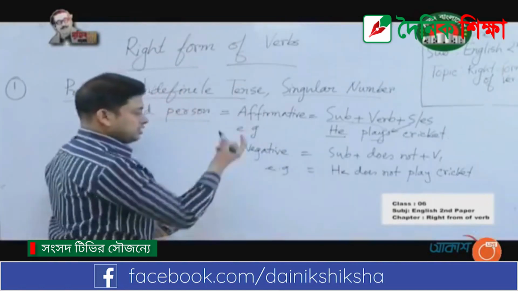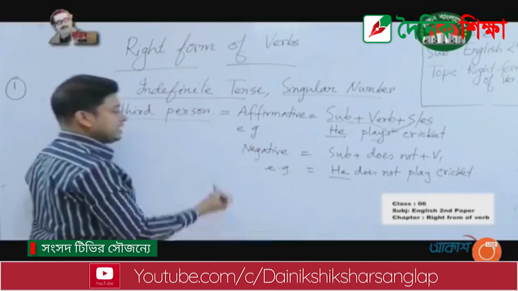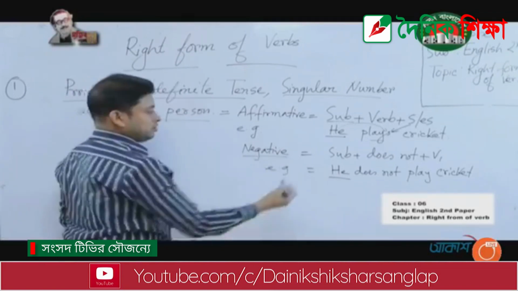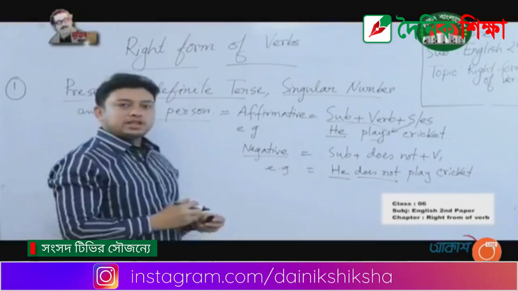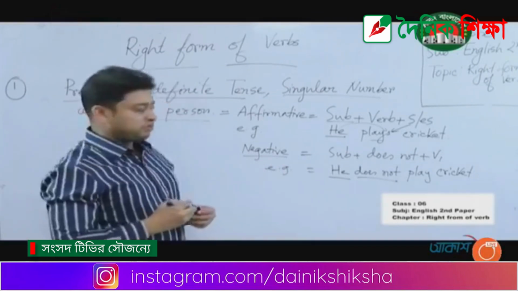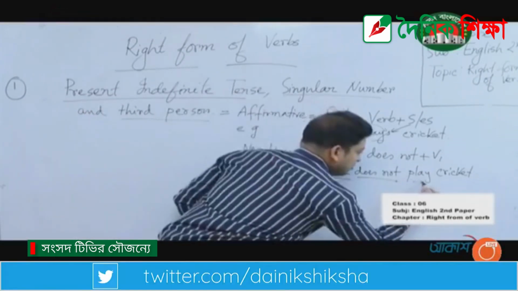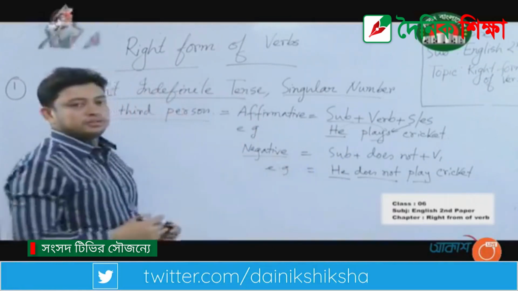So here the subject is third person singular number. As I am referring to a negative sentence, there will be does not, because the subject is third person singular number. And remember, after does not there will always be the base form of the verb. That means play here, and the object is given.